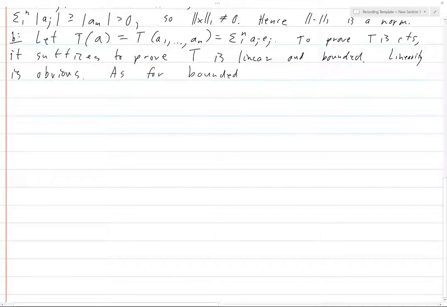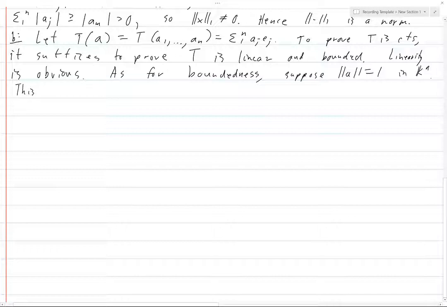As for boundedness, suppose the norm of A equals 1, and this is in Kn, i.e. this is a norm on Kn.